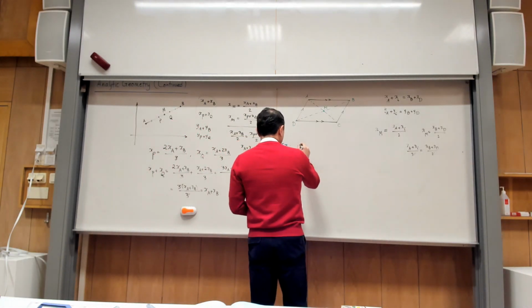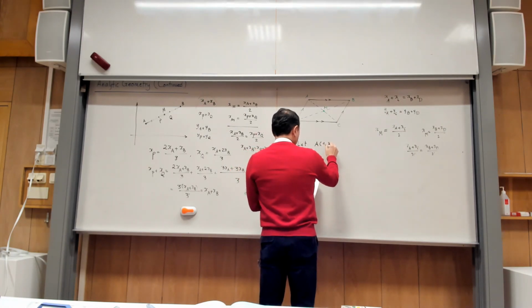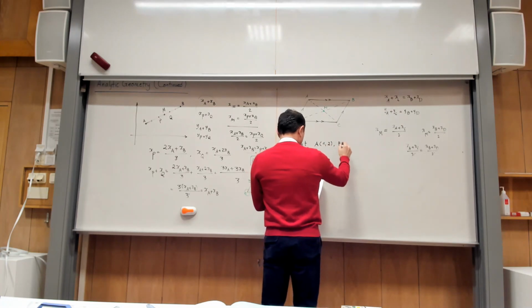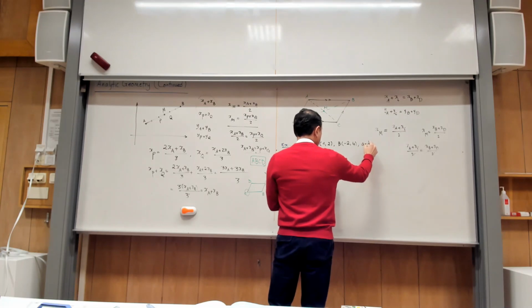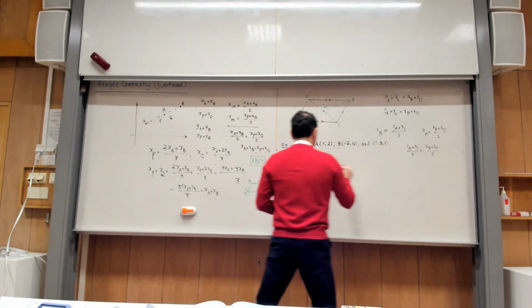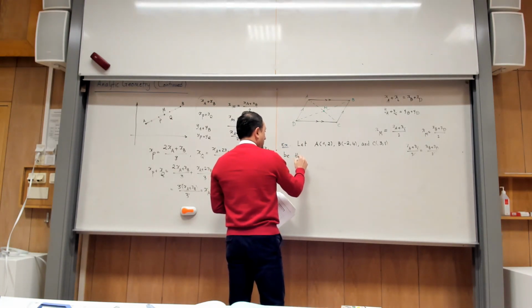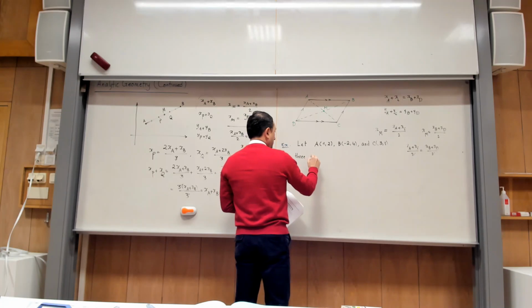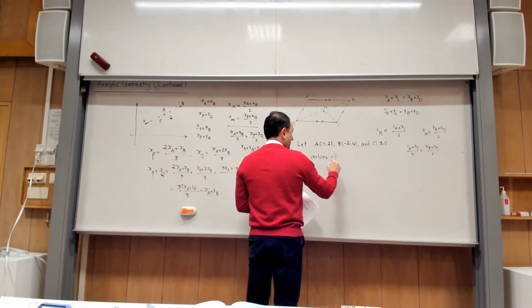Let A be (1, 2), B (-2, 4), and C (3, 1) be 3 vertices of a parallelogram.